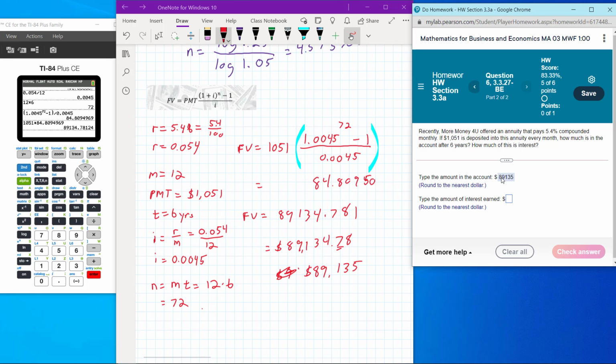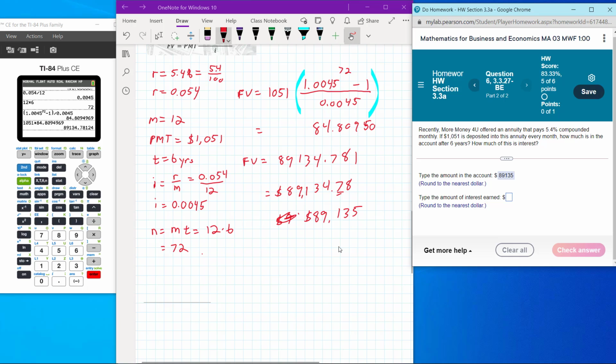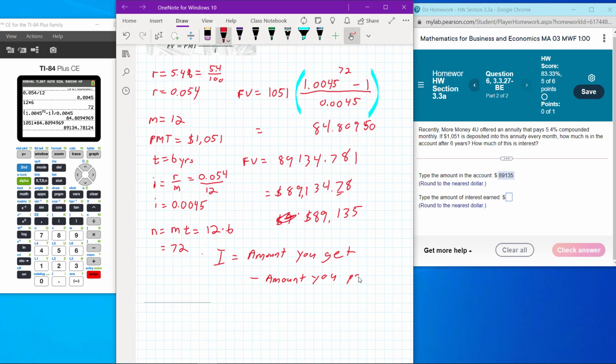And there you go. Now, the question here is, what is the interest? Well, remember, the interest is going to be equal to the amount that you received minus the amount that you deposited. So basically, the amount you get minus the amount you pay. Okay, so what was the amount you got? Well, the amount you got was the future value, whatever that was.